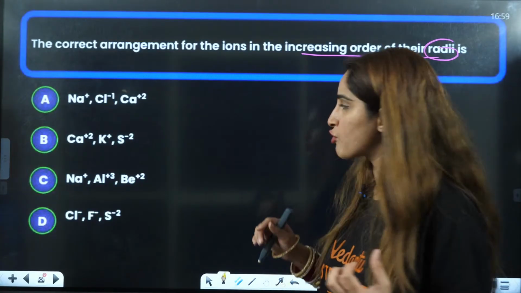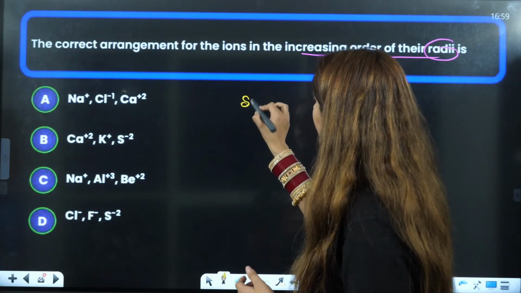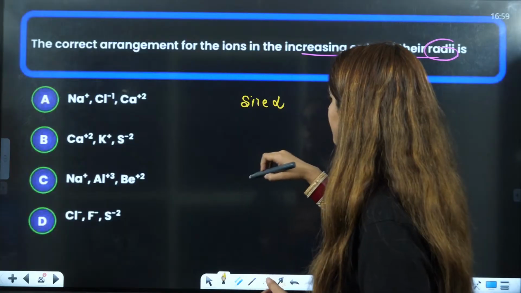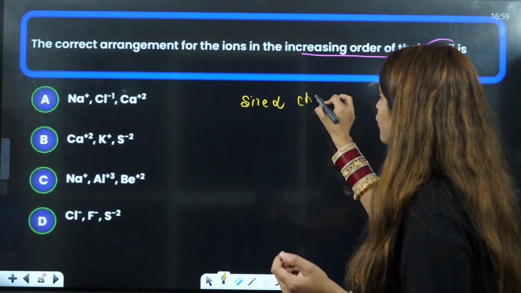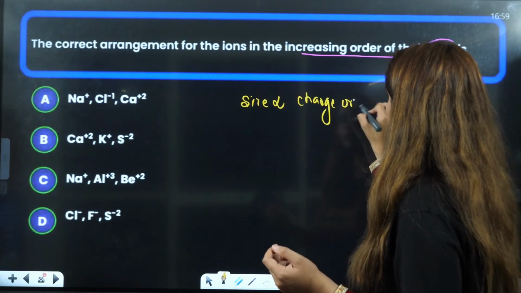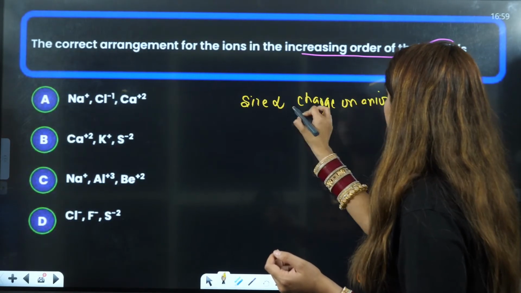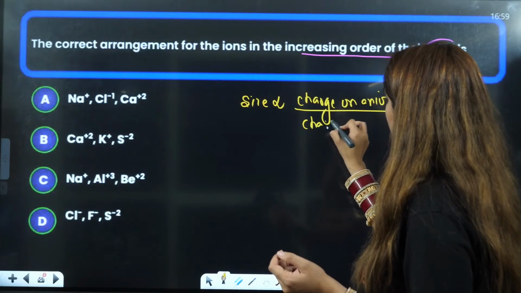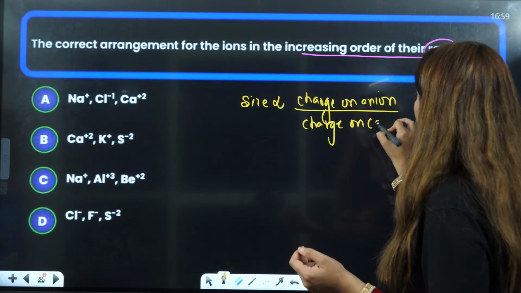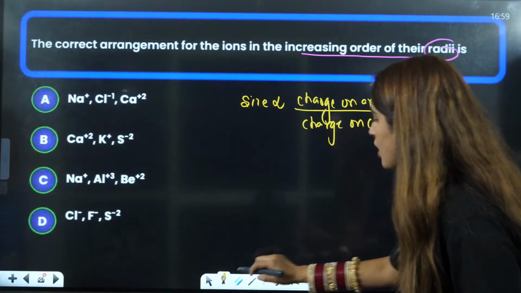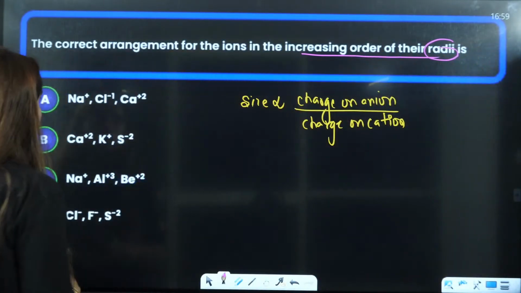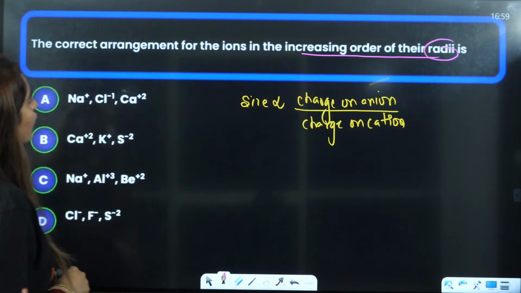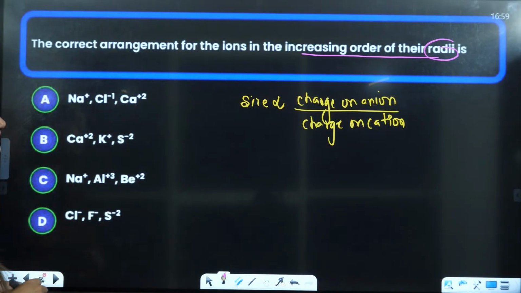That is isoelectronic. So here, if they ask you the size, it is directly proportional to the charge on the anion and inversely proportional to the charge on the cation. So here all of these are cations only. They are showing the correct arrangement in increasing order of their radii.